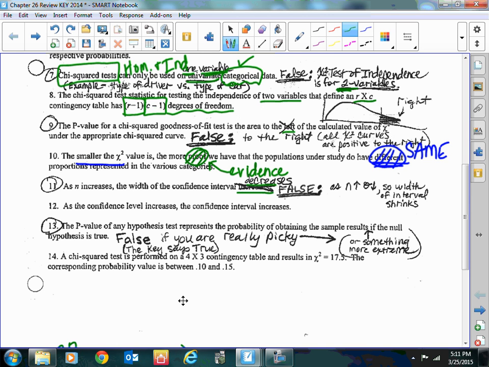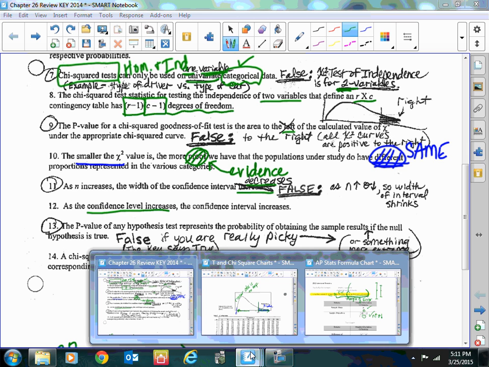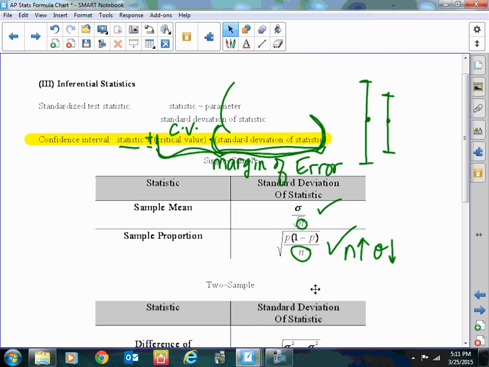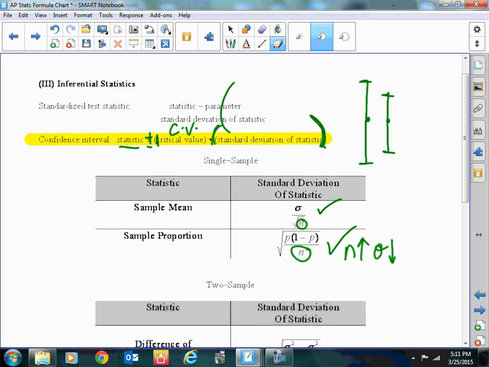Number 12, as the confidence level increases, so let's talk about how confident you want to be, the interval increases. Okay, so let's look back at the formula to examine that. Here, our confidence is purely related to the critical value.